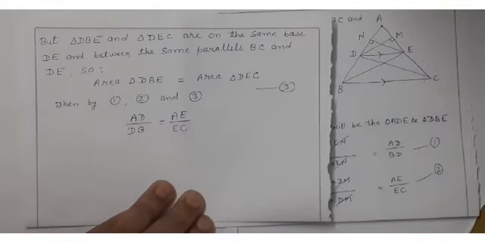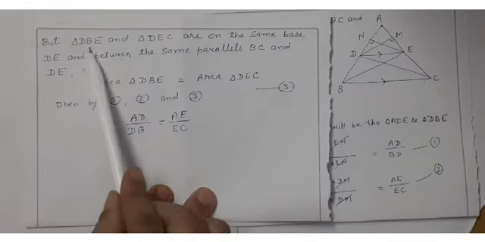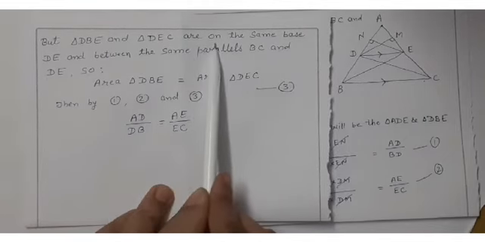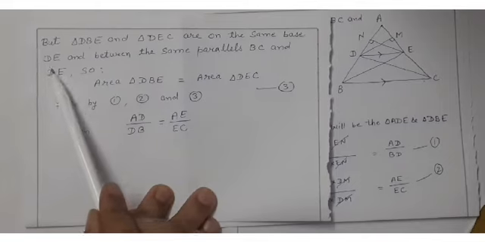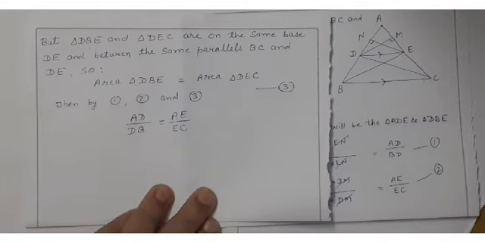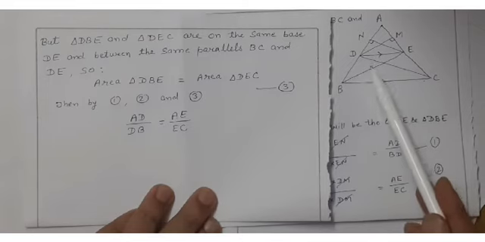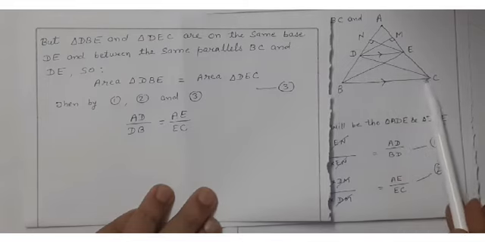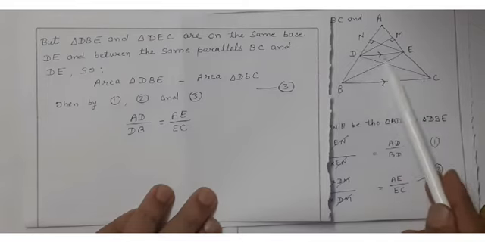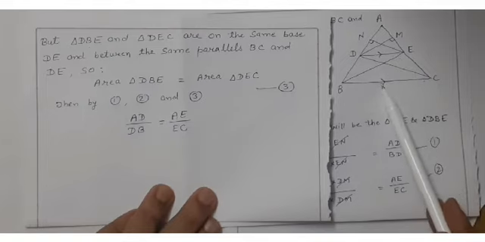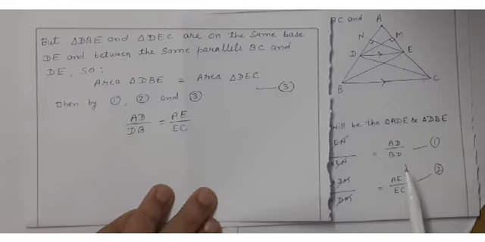But what do we know here? We know that triangles DBE and DEC are on the same base DE, and between the same parallels, DE parallel to BC. Then, as we have seen in class 9, their areas are equal.